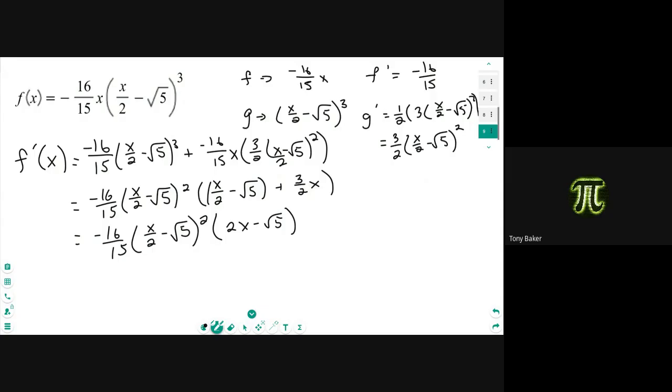The other thing that simplifying it down like that does is it's going to allow us to find our critical numbers a little bit easier.